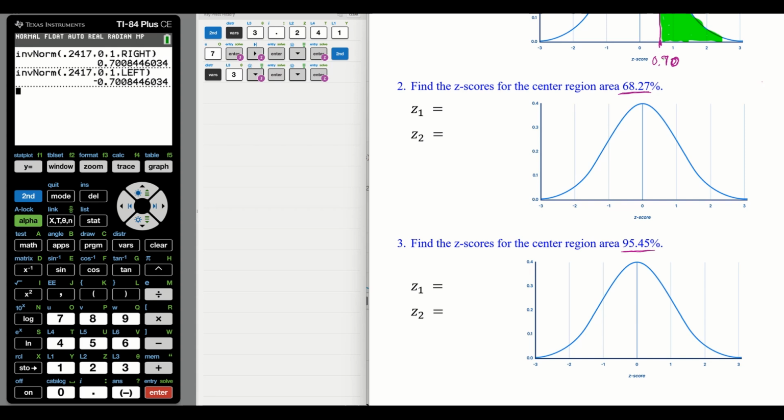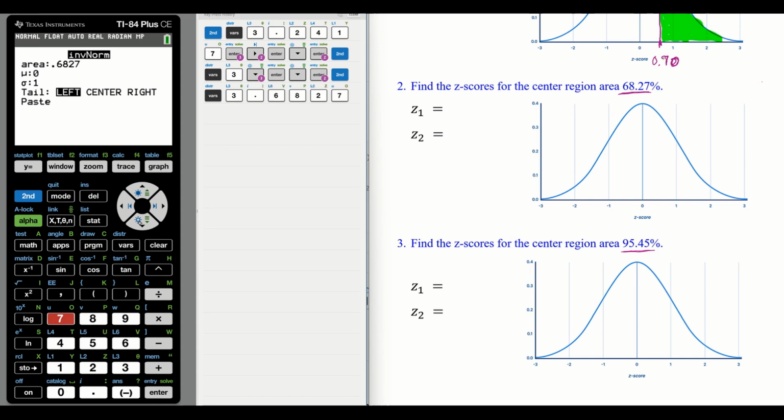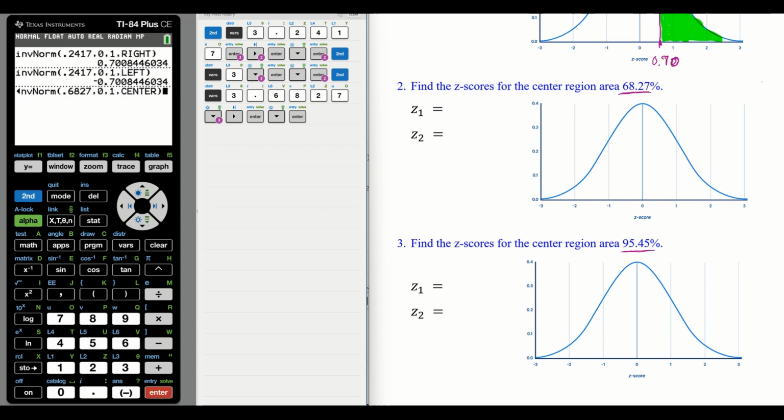So let's calculate that for ourselves. Okay, second vars. Okay, we need number 3. Okay, and we are doing the 68.27% first, that part first. Go down, and we want center for both of these. Remember, it won't enter again. You have to scroll down and then get it.